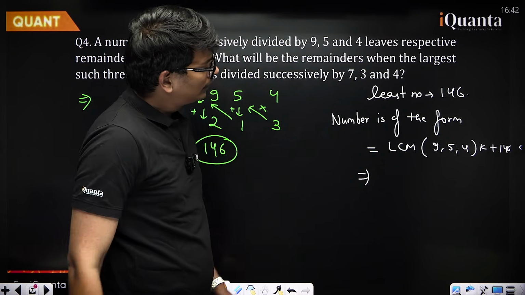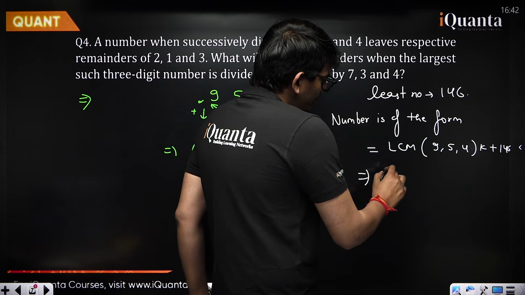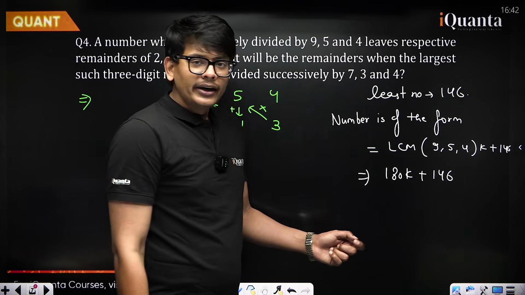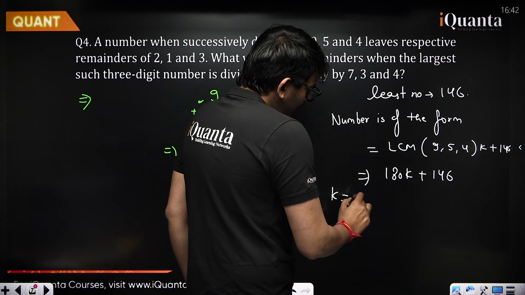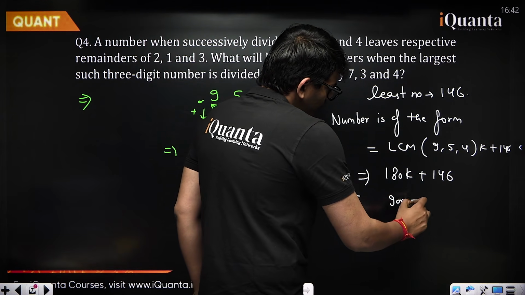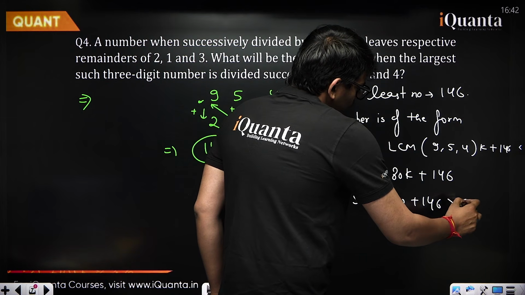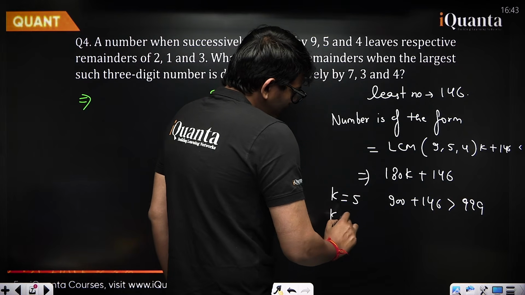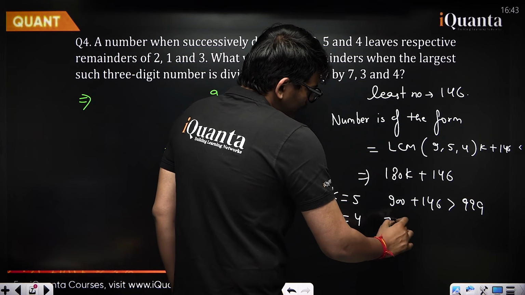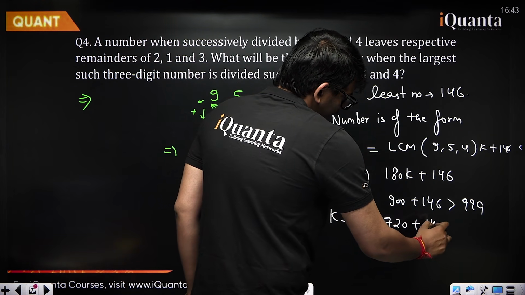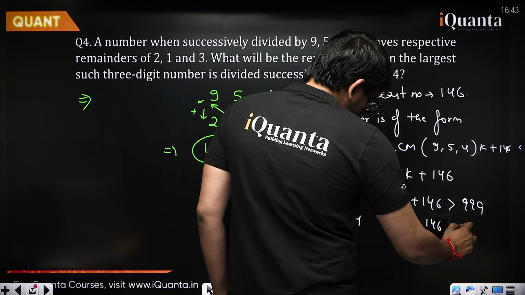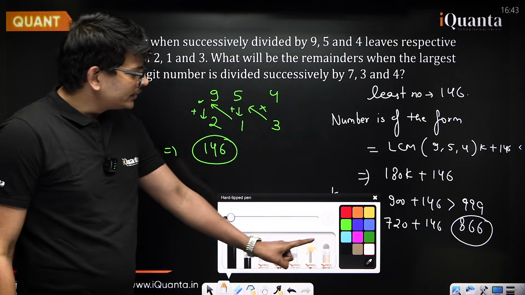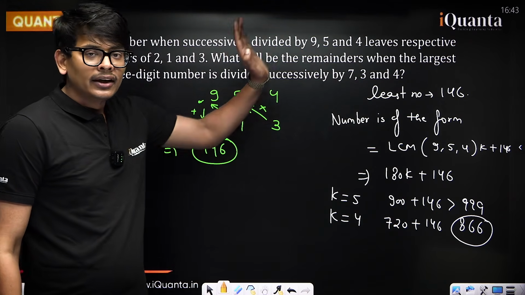Let's solve this. 5 into 4, 20 into 9, 180K plus 146. If I take the value of K as 5, I will get 900 plus 146. That will be more than 999. Not possible. So I have to take K as 4, 720 plus 146. This will be 866. So this is my largest 3-digit number which satisfies this condition.